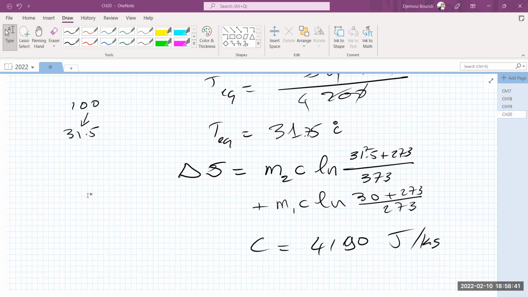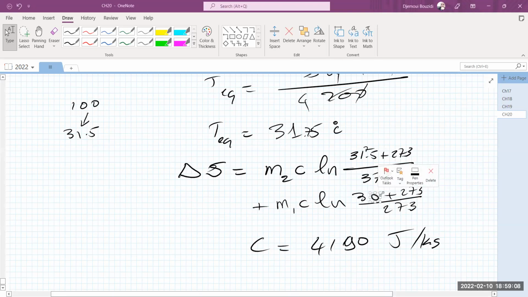divided by 373, plus 195 times log of open parentheses of 30 plus 273, that's 303, divided by, why is it divided by? No, it's the same 31.75. I'm sorry.